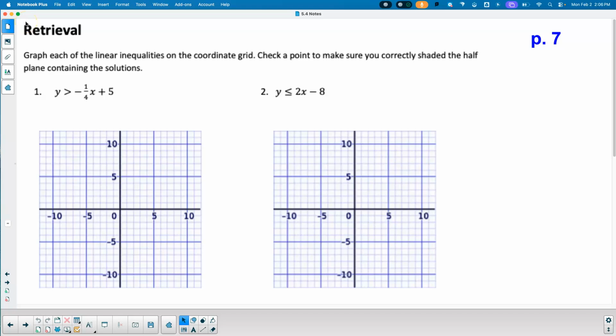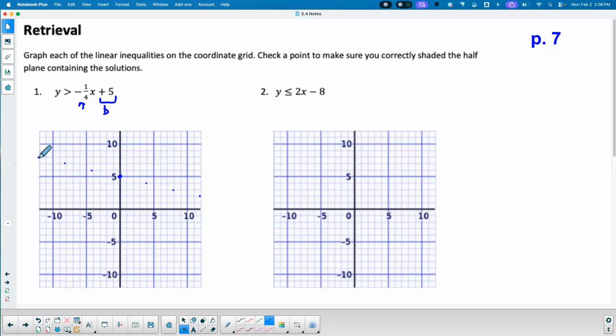So this first one is in slope-intercept form already for us. So we can go to our y-intercept of positive 5. Put a dot there. And then we can utilize our slope of negative 1/4, which would be down 1 and right 4. If we didn't want to go down and right, we could always go up and left.